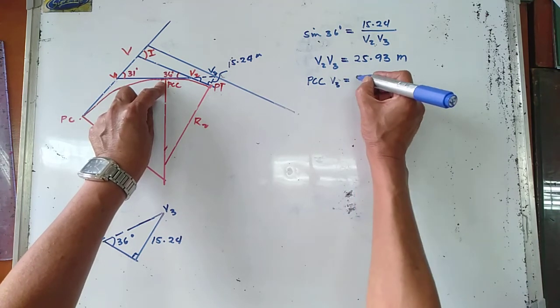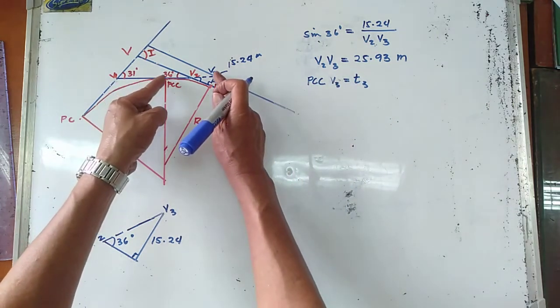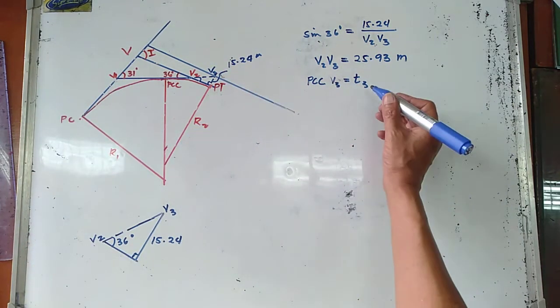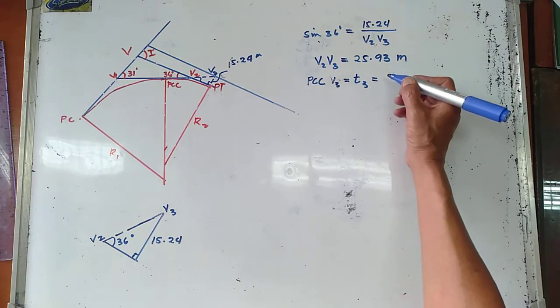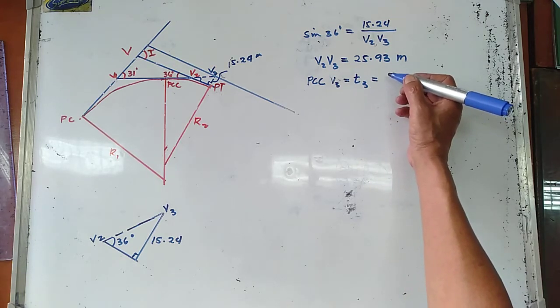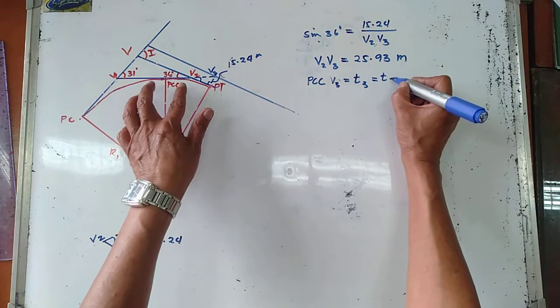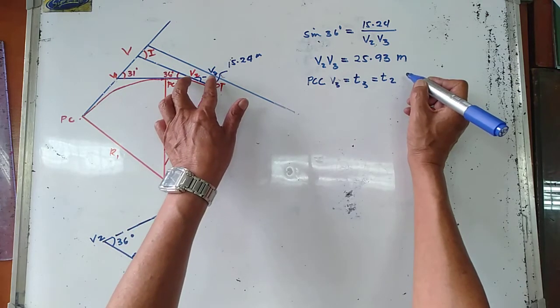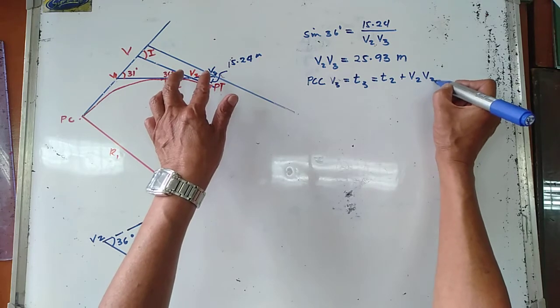I'm just going to consider that one as T sub 3. So this is now your T3. So your T3 in here is now equal to T2 plus V2, V3.